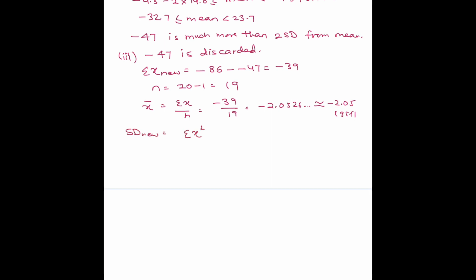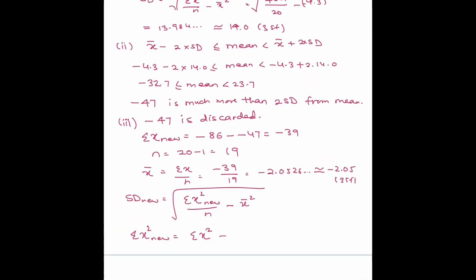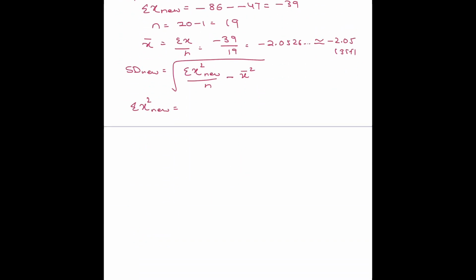Standard deviation new is the square root of sigma x squared new over n new minus x bar new squared. So how do I calculate sigma x squared? Sigma x squared new is sigma x squared old minus 47 squared. What was sigma x squared old? That was 4281. 4281 minus 47 squared, so it's 2072. n is 19.